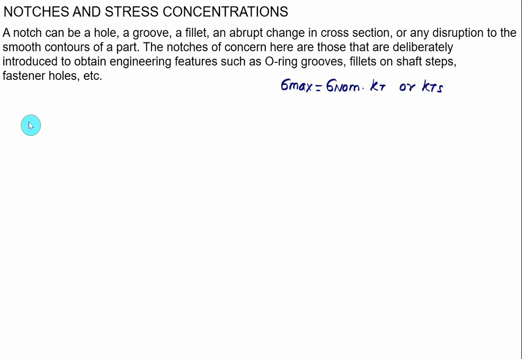Whereas for dynamic loading, we need to modify the theoretical stress concentration factor by a fatigue stress concentration factor. We have not yet introduced fatigue stress, but since we are on stress concentration, I will introduce this term. Fatigue stress will be covered in fatigue loading.